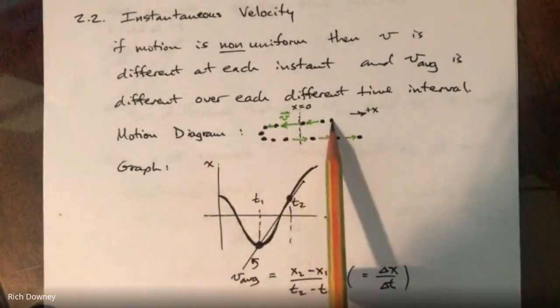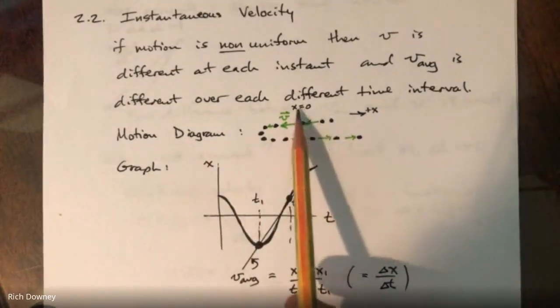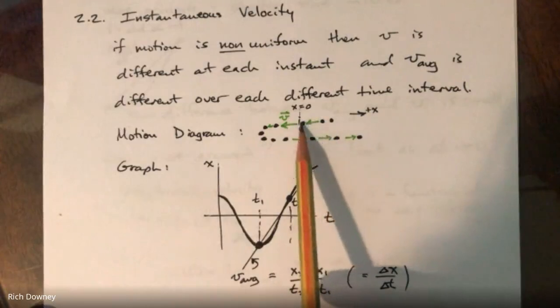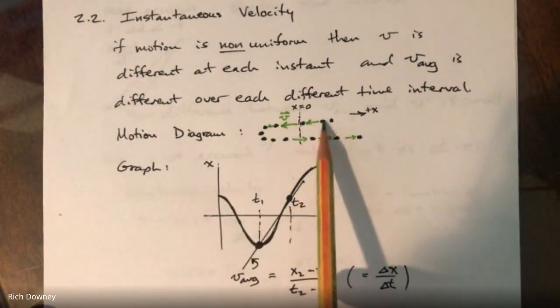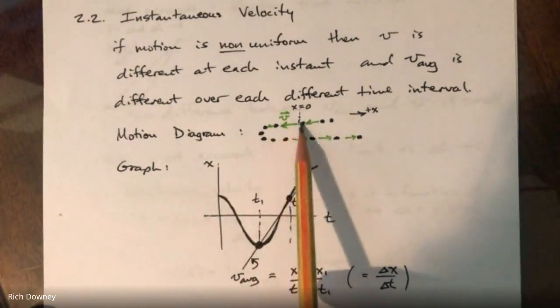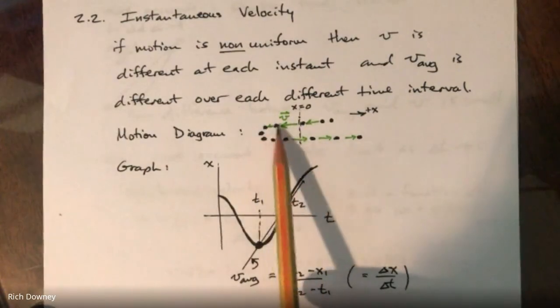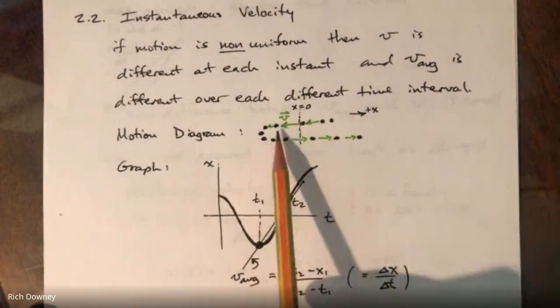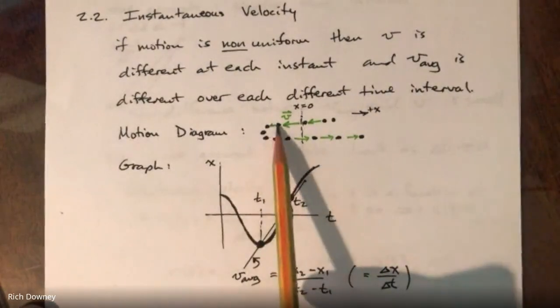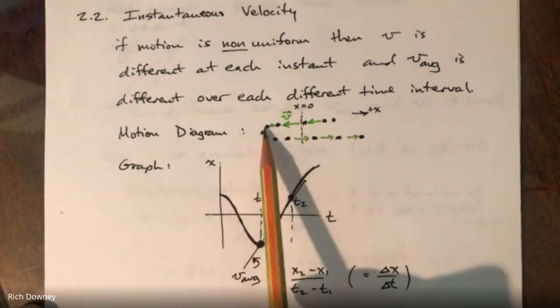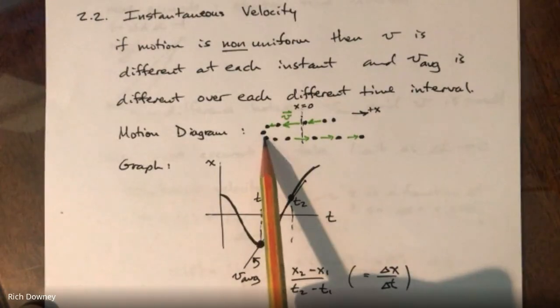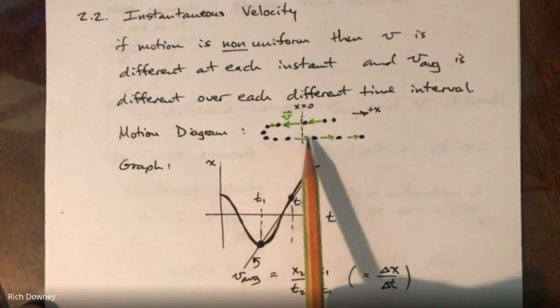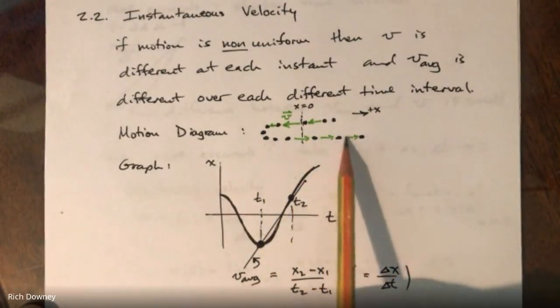This is a motion diagram of something that starts at a positive x coordinate and then starts slowly and moves faster in the negative x direction. These really should be all along the same line, but I kind of spread them out just so the dots aren't overlapping each other. It moves to a negative x coordinate, then it stops, starts moving in the positive x direction, speeds up, and then continues on.